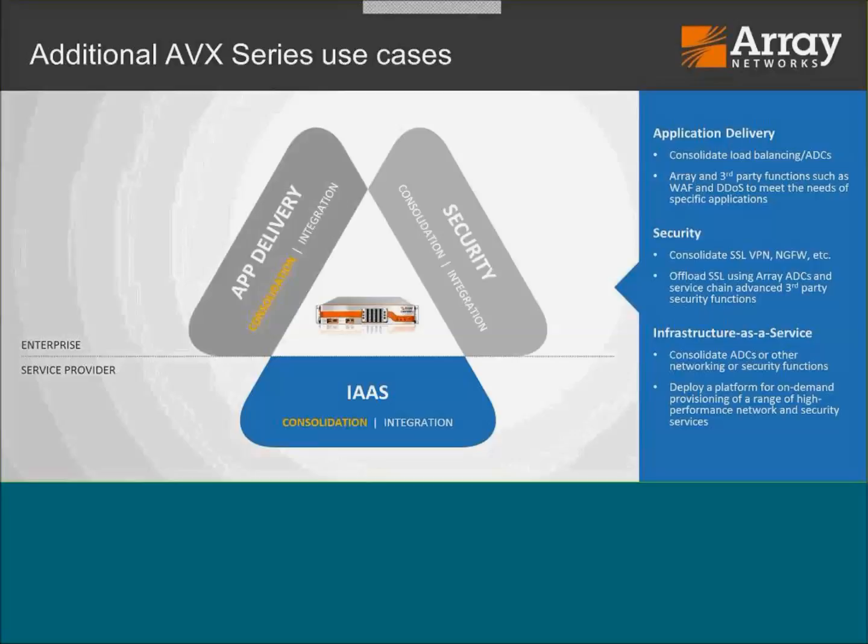So the takeaway here is that this platform can be a fit for different groups in the organization, and it can be used to consolidate and perhaps keep more of an emphasis on performance, or it can be used to mix and match and to integrate with more of a focus on service chaining and efficiency.